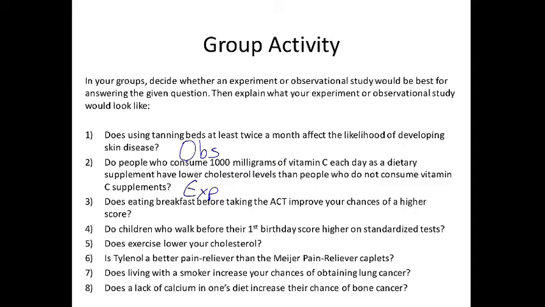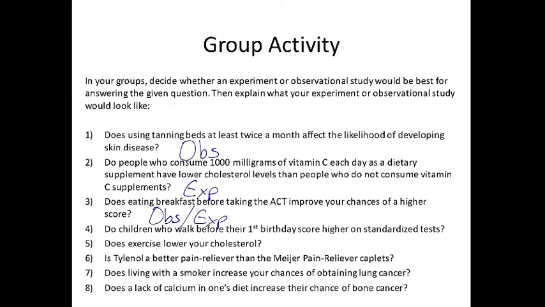Number 3, this one kind of depends on your environment. I'm going to say this one's going to be an observation. You could ask people whether or not they ate breakfast and see how they did with their ACT scores. But you could also do this as an experiment.